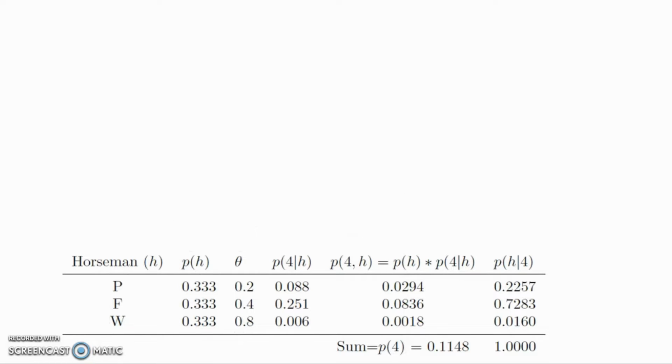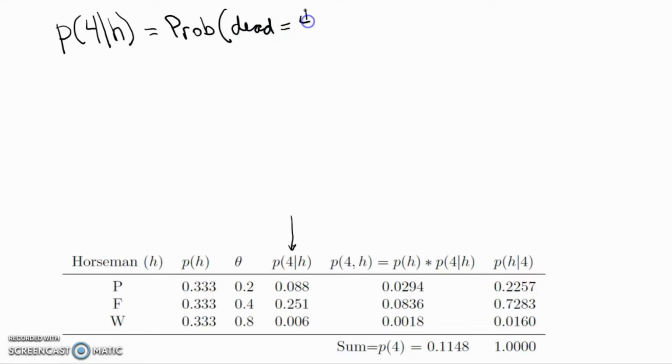Okay, so what do we have in this column? Well, obviously it's a conditional probability, and before going too far, let's think about what this really means. It's equal to the probability that the number of dead is equal to 4, given that the horseman has some value of h.